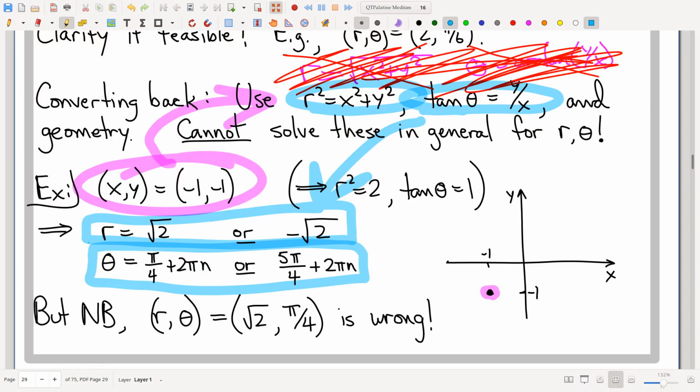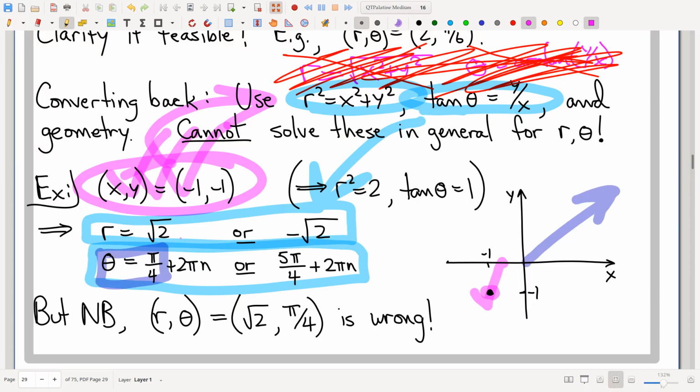And so, for example, if we were to say, I like this value of theta, I'm going to choose pi over 4. All right, well, that's cool. Pi over 4 is about like that. And now what does r have to be? We're interested in this point, which is there. So given the value of theta that I've chosen, given that I want to get to this point, what value of r do I need?